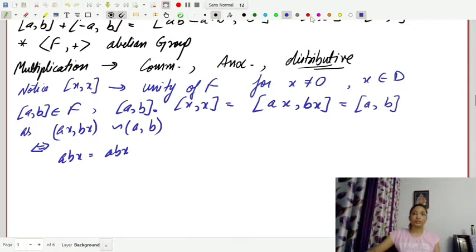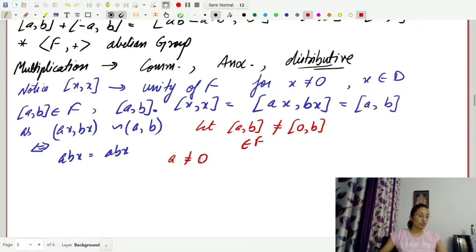Now, let (a, b) not equal to (0, b), the zero element of F, belong to F. Then we notice that a cannot be equal to 0; b is not equal to 0 anyway, which we already know.